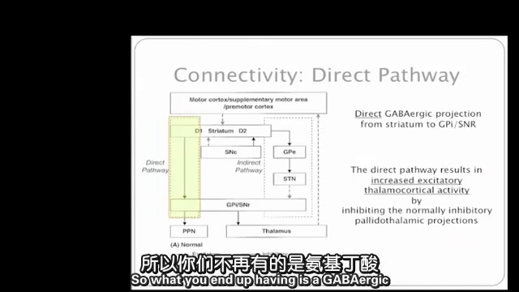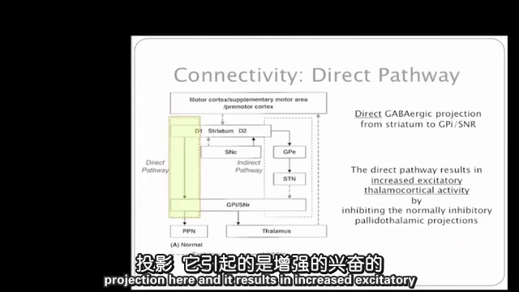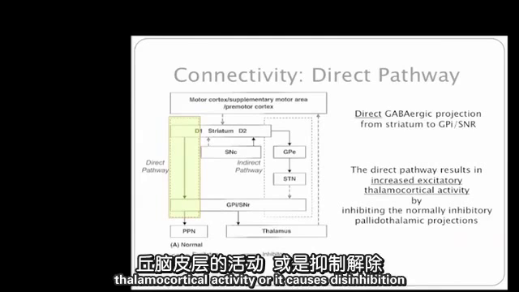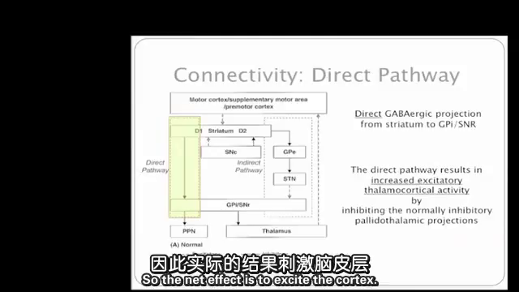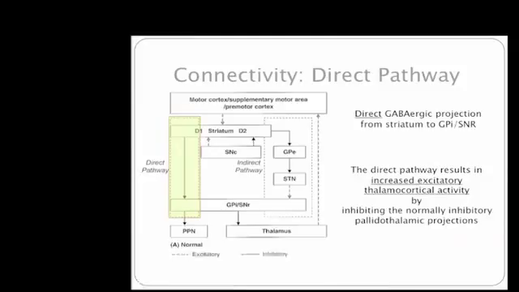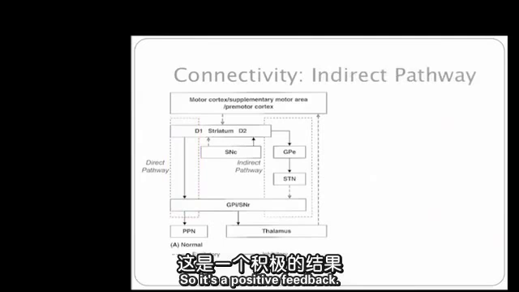So what you end up having is a GABAergic projection here, and it results in increased excitatory thalamocortical activity, or it causes disinhibition of those thalamocortical projections. So the net effect is to excite the cortex. So it's a positive feedback.